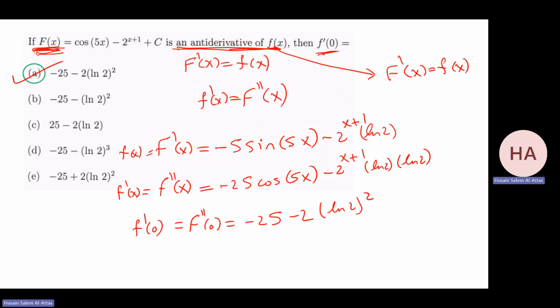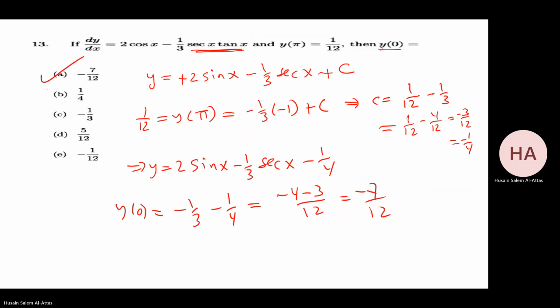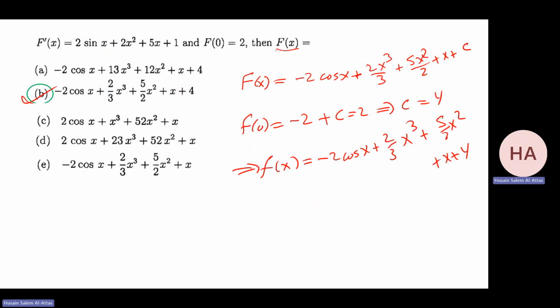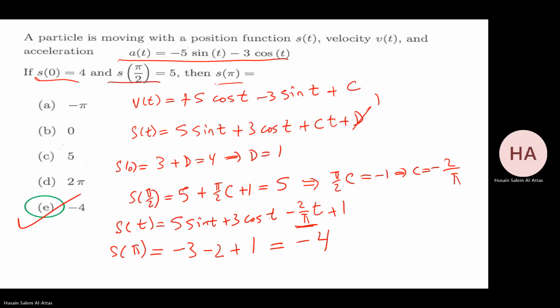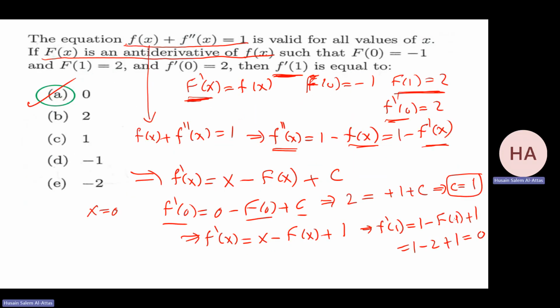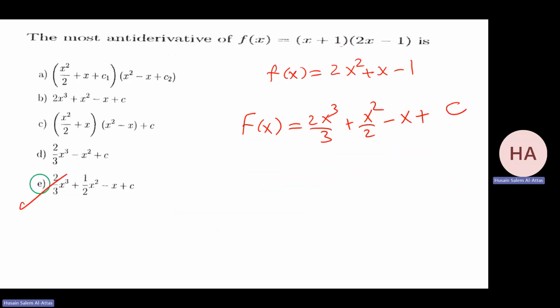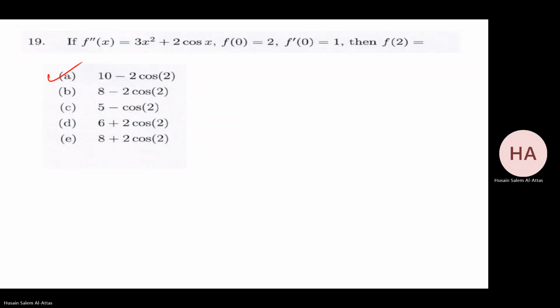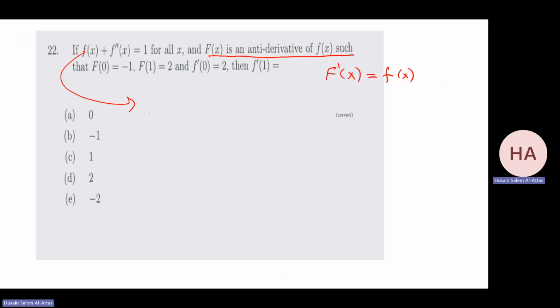Where is it? Yeah, this one. Capital F of minus 1, capital F of 1, 2, F prime is 0, 2. Let me do it again. No problem.